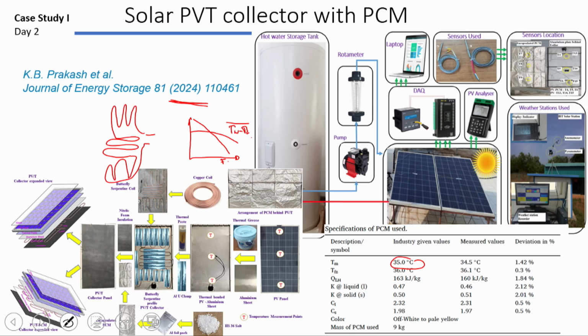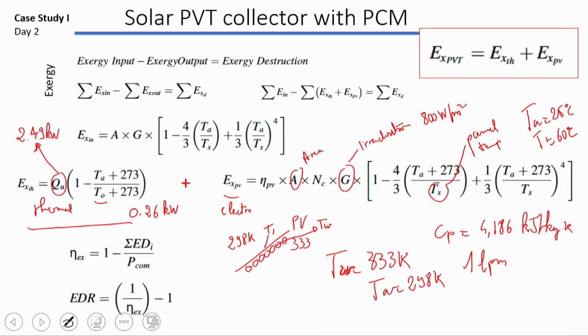I just want to give you the nominal power for the PV. For the PV, nominal power is 260 watt. Efficiency is 15.78%.